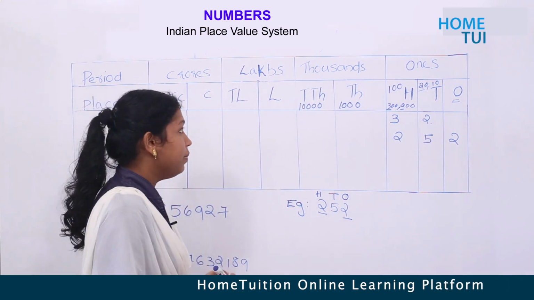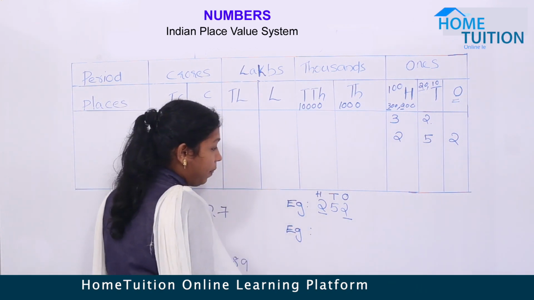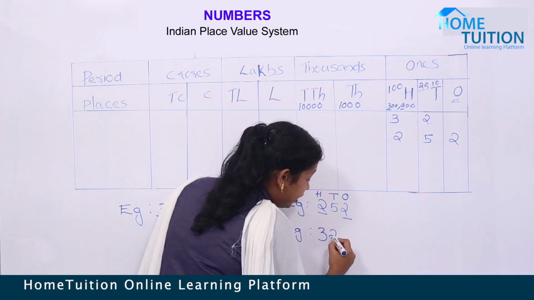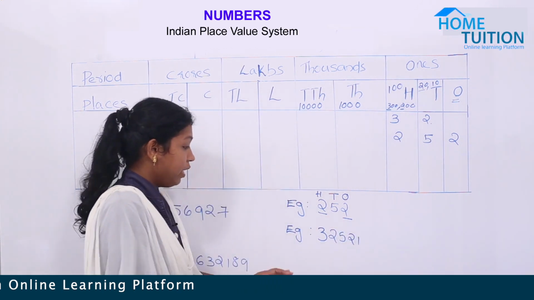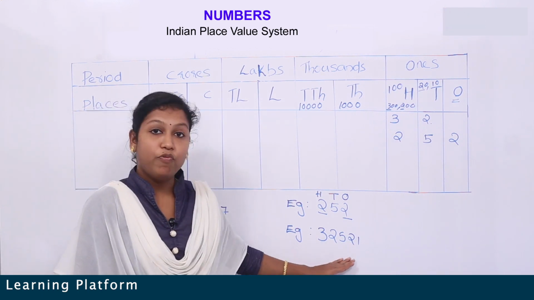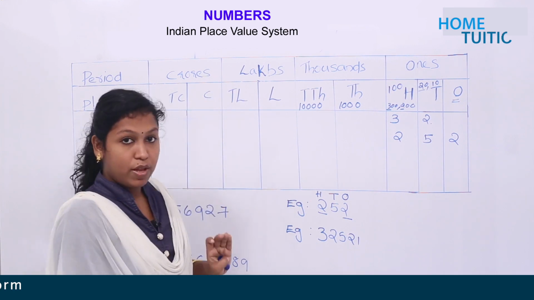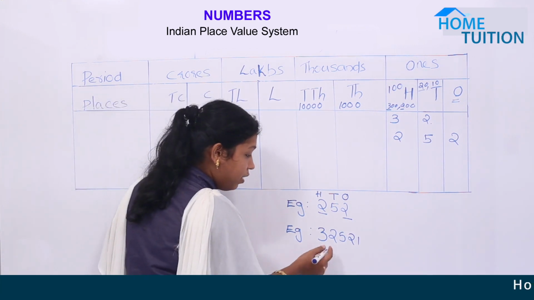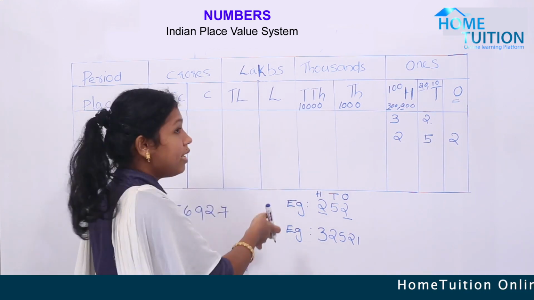So, for example, we write 32,521 in the Indian place value system. First we see this is a number. We put this in periods and places.